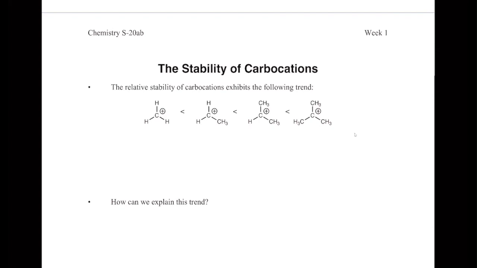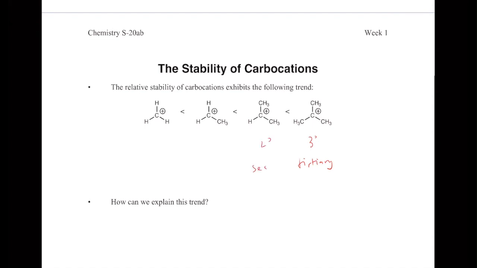So I want to add one more point. William just mentioned the brief reason why tertiary is more stable. First, let's re-emphasize a few terminologies. This one is called a tertiary carbocation. This is called a secondary.